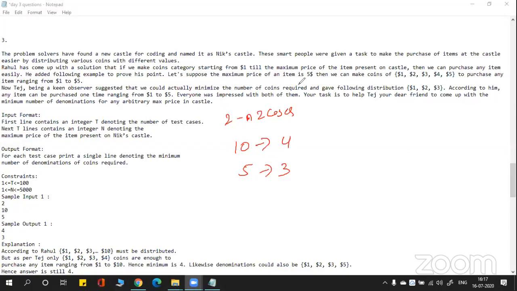They did not tell you that you should take only 1 rupee, 2 rupee, 3 rupee coins. They did not give any such constraint. So you can assume any coin with any value.